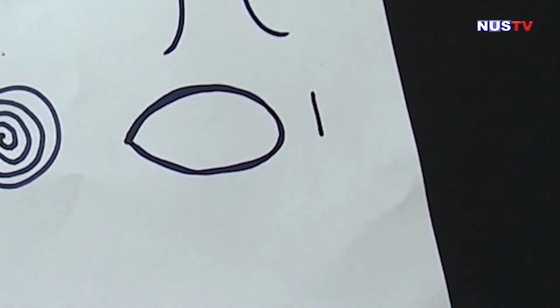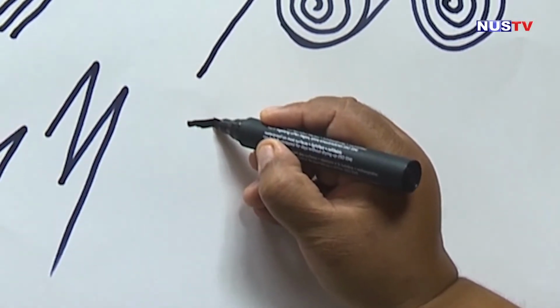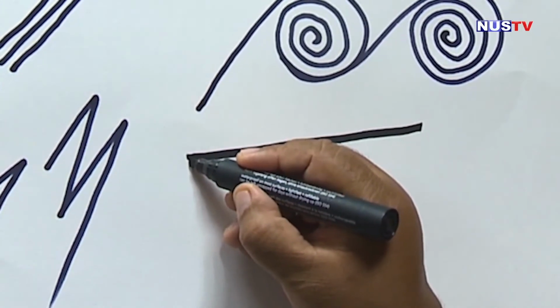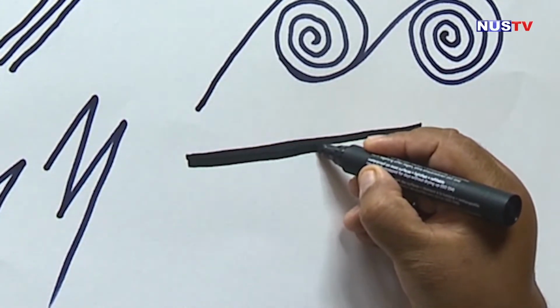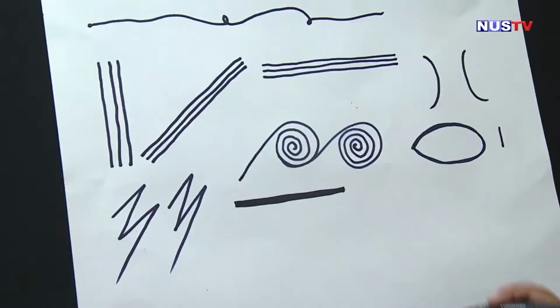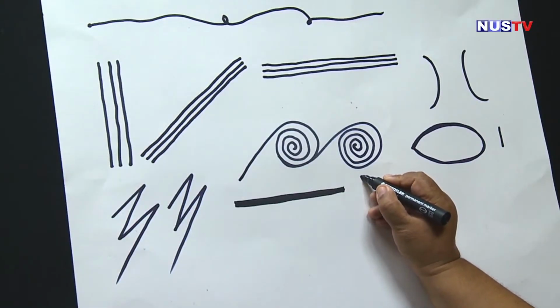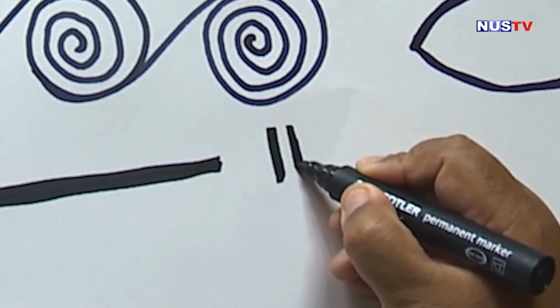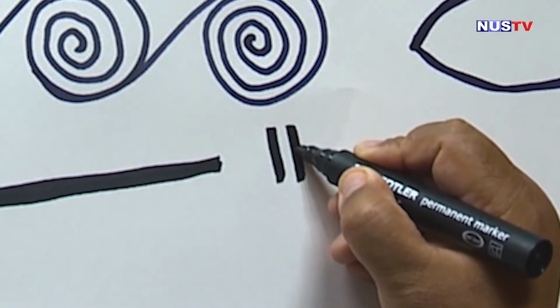Lines can be short. Lines can be long and thick. Line can be short and thick as well.